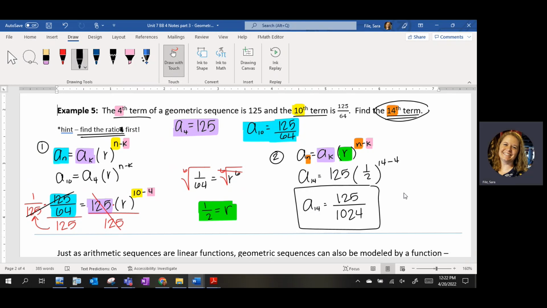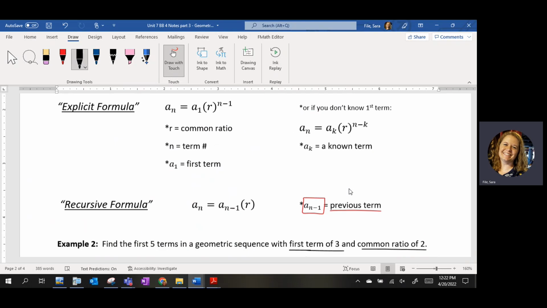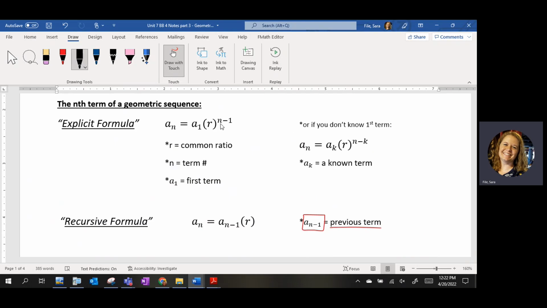All right, now we talked about arithmetic sequences being linear models. Looking at these equations, where is N in these? It's in the exponent. What type of function is that when your variable's in the exponent?